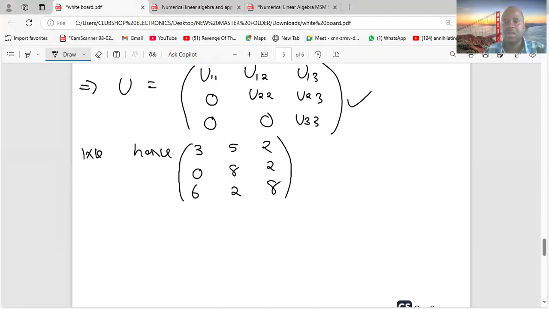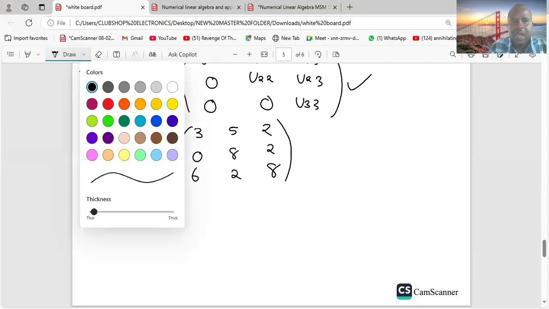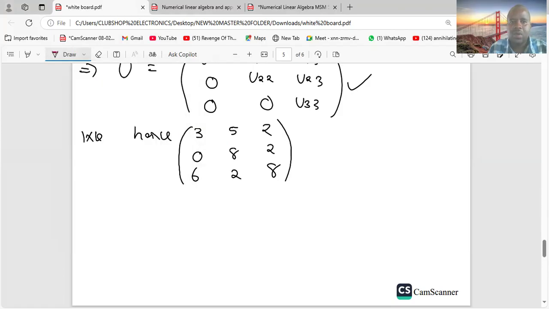Don't worry about the lower one, but whatever we'll be doing will help us to find the lower triangular matrix. Like we said, for the upper triangular matrix, we have to make sure that this is 0, this one is 0, and this is equal to 0.